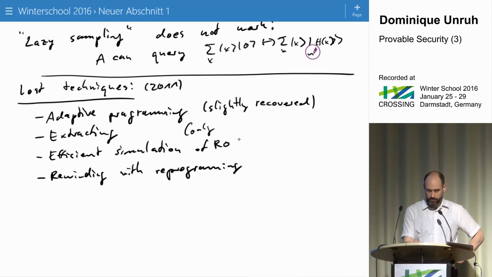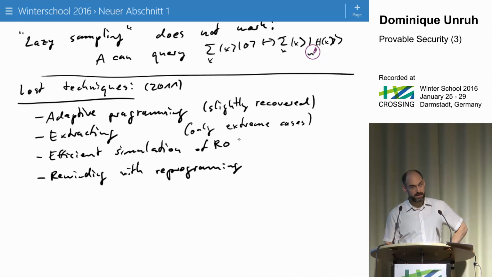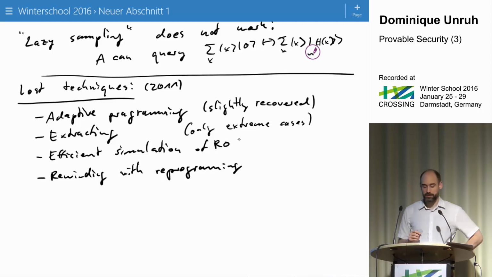Extracting, it's almost no. We have some extreme cases. Basically, there is an example where it works if the output of the random oracle is as long as the input, then you can do extracting by treating the random oracle as a random permutation, but that's almost cheating, I think. I can say that it's almost cheating because I did it.